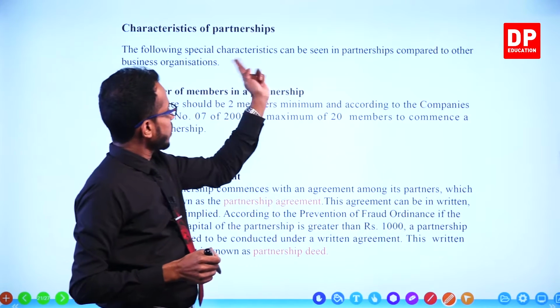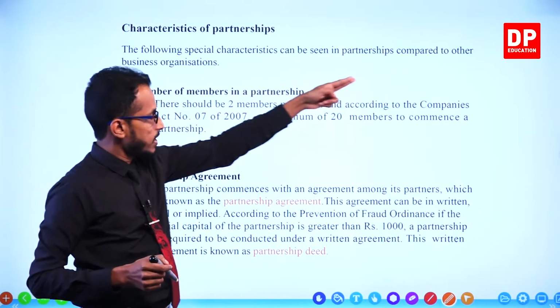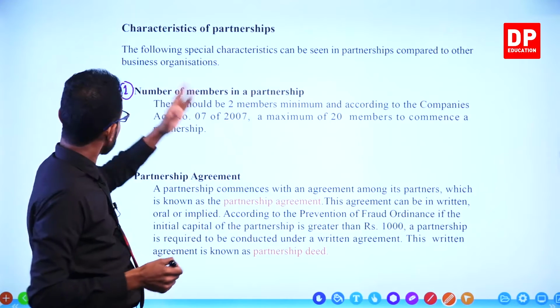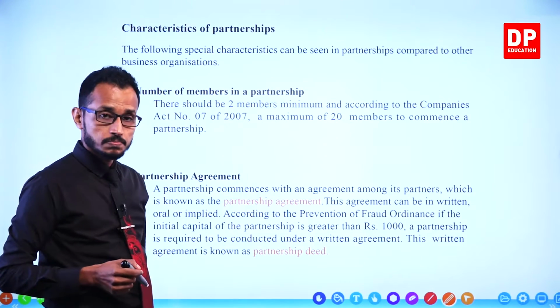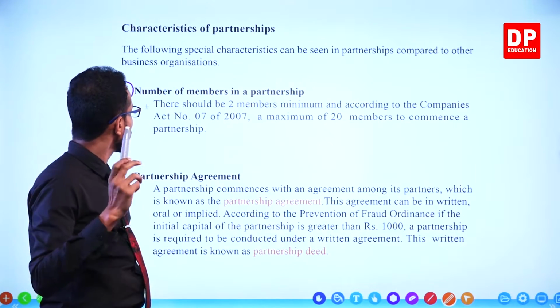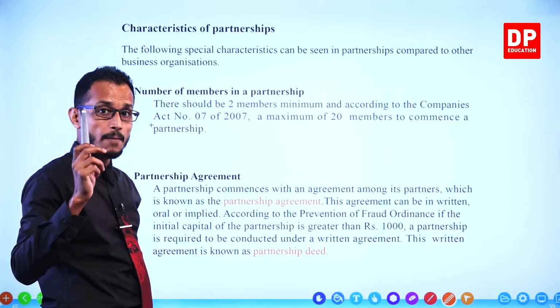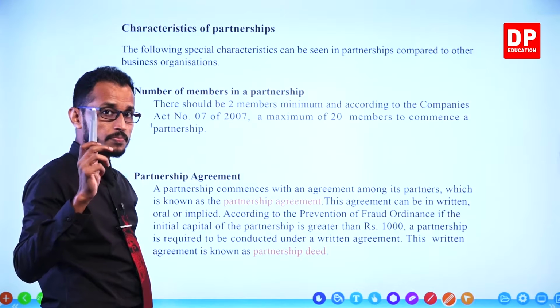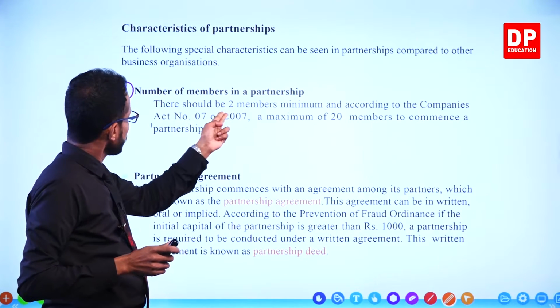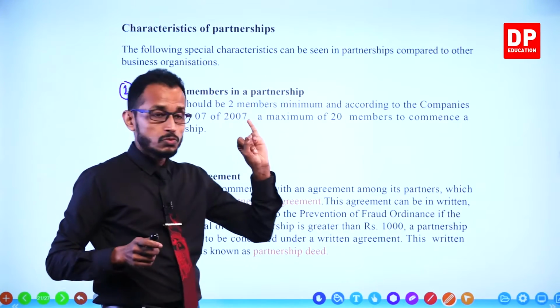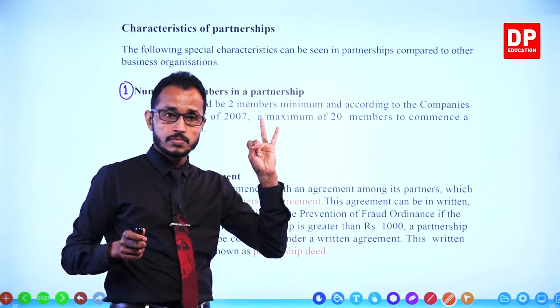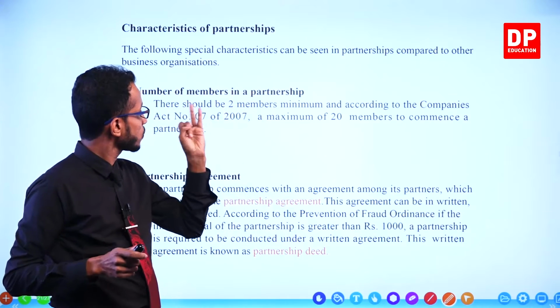The following special characteristics can be seen in partnerships compared to other business organizations. Okay, first one, number of members in a partnership. There should be at least two members.